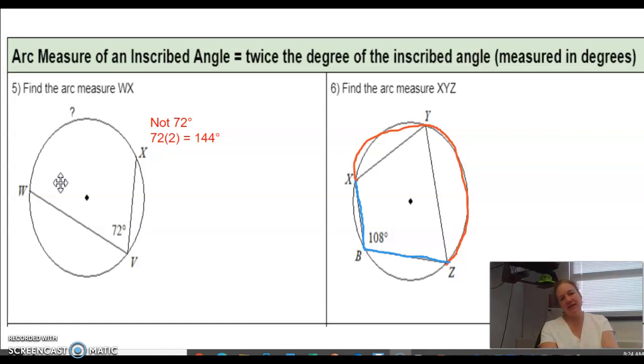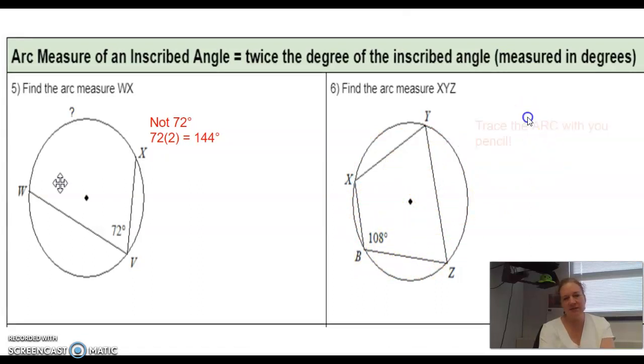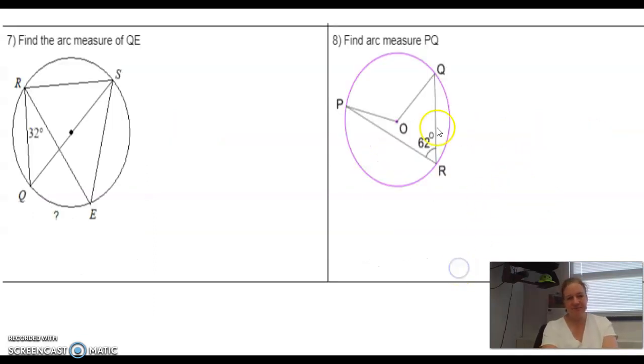So this angle is 108. How much would the arc be that's inside that angle, that's cut off by the edges of that angle, right, and here? That's where the endpoints are on the circle. What is that arc? Well, I say 108 times 2, so that's 216. So XYZ is 216.